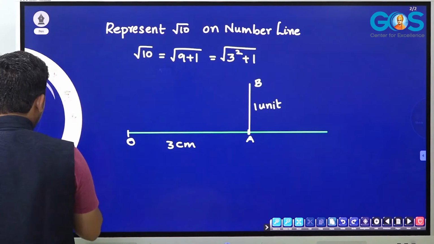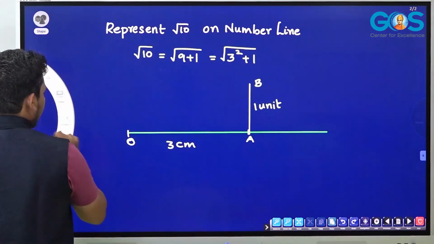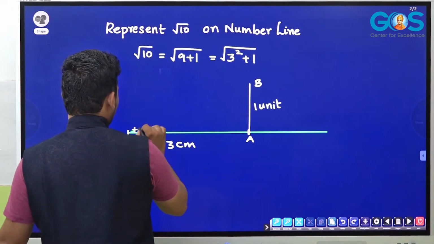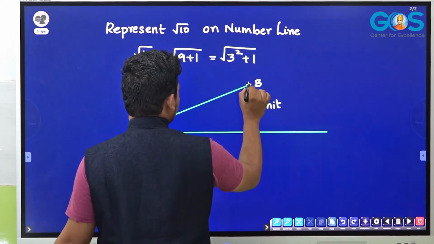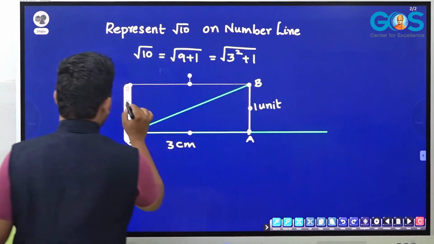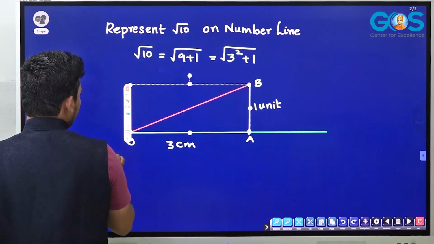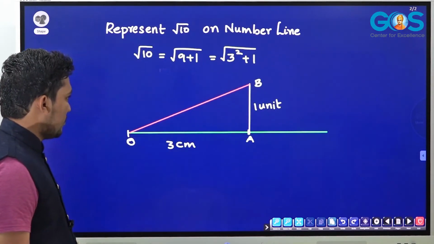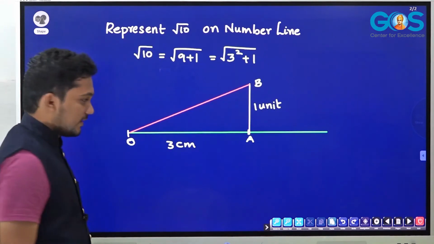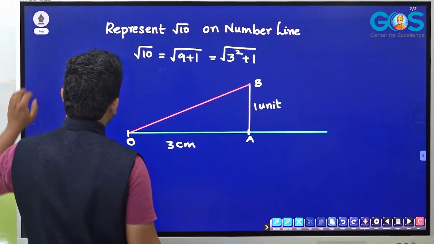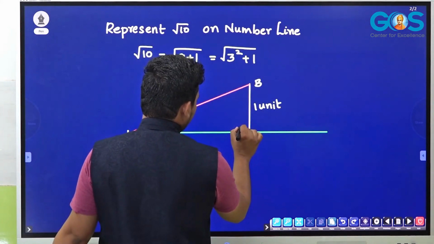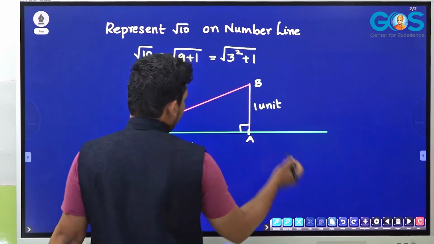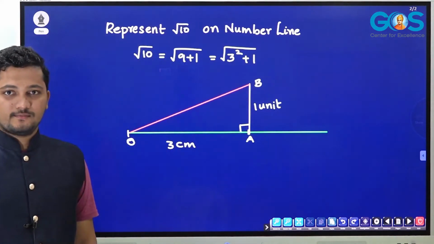If you join OB, then you will get the required right angled triangle OAB, where the right angle is at point A.